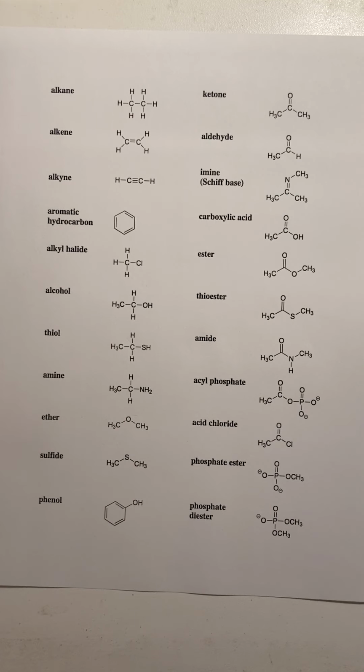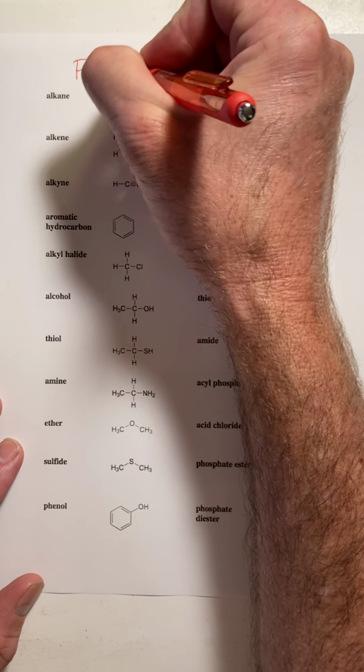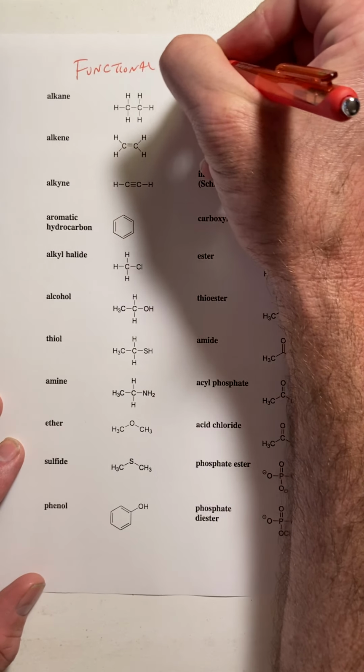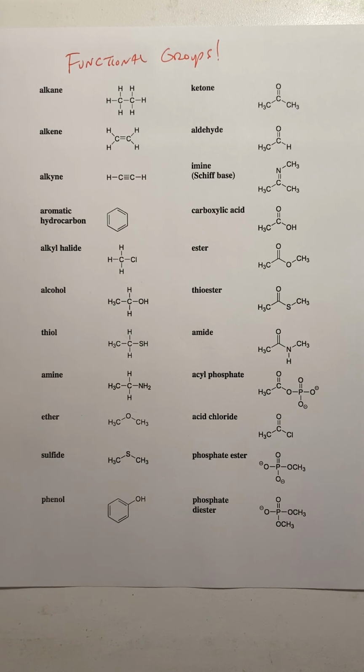Okay, to end this thing, there's one more piece left, and these things are called functional groups. And there's a lot of them. I don't want you to memorize these. They're pretty much useless, except that they make the organic names get crazier and crazier.